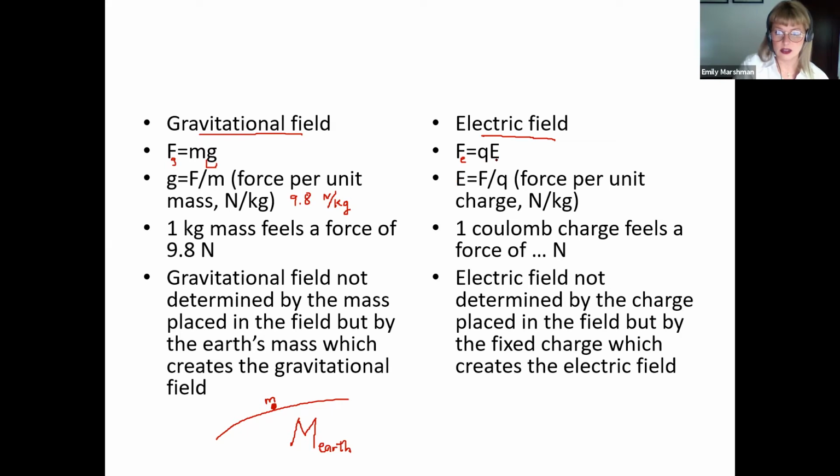If I solve this for electric field, it's a force per unit charge. It's a Newton per Coulomb. Instead of a Newton per kilogram, it's a Newton per unit charge. If I have an electric field that exerts 1 Newton for every Coulomb of charge, 1 Coulomb of charge is going to feel a force of 1 Newton in that electric field.